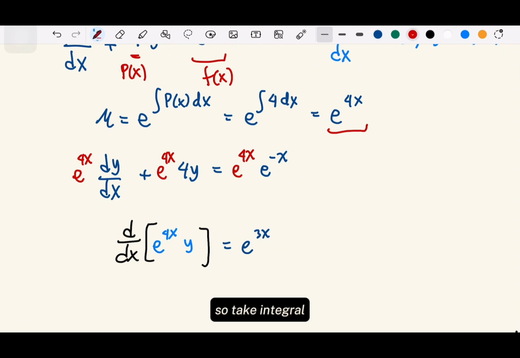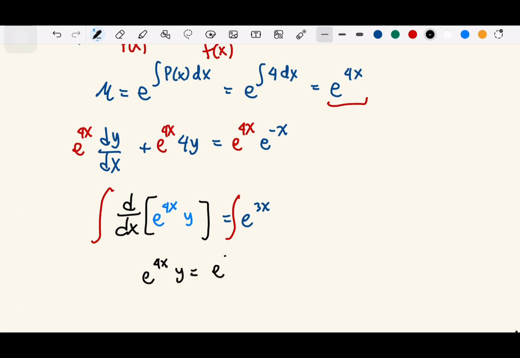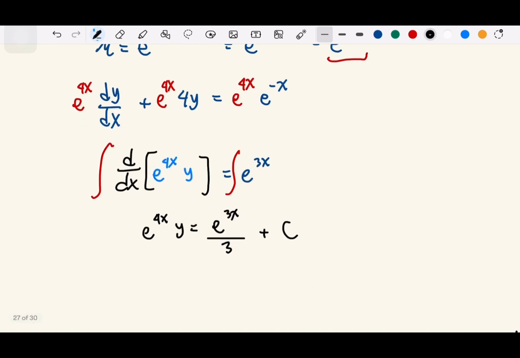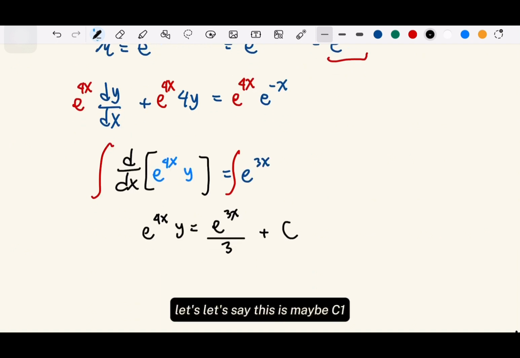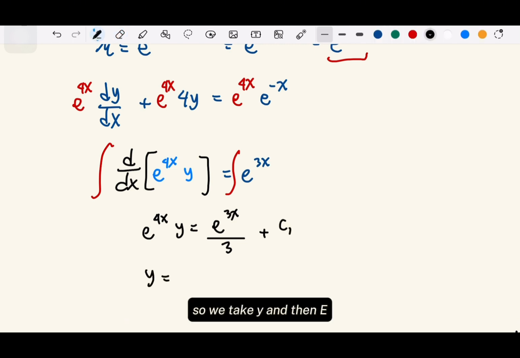So we take the integral, and then we get our implicit solution, plus a constant. We can somehow divide, let's say this is maybe C1. So we take y and then e to the 4x.